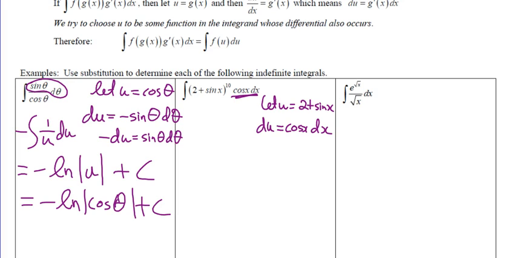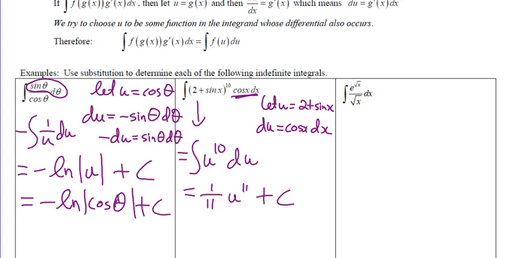And the 2 plus sine x to the 10th equals the integral of u to the 10th du. Doesn't get much easier than that. What is that integral? So 1/11th u to the 11th plus c. Antiderivative. And then what?